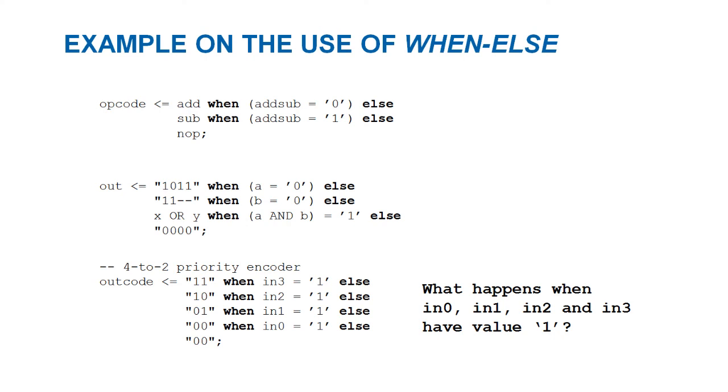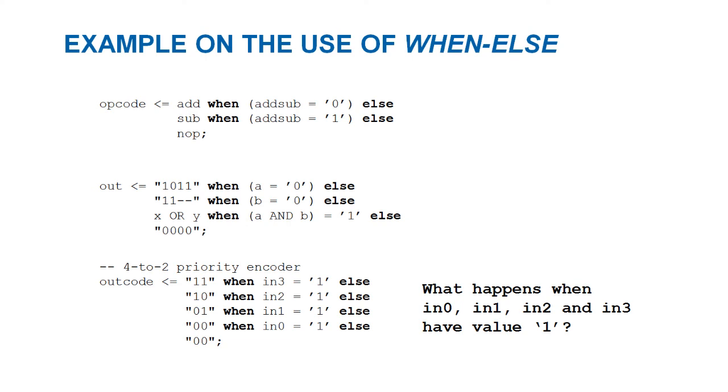So this will be executed depending on all the signals in 1, in 2, in 3, in 0. They will be available at the same time because this is a parallel statement. We have access to all of these signals, and what we are going to do now is that the first statement that evaluates to true, when in 3 evaluates to true, that's what we are going to assign.